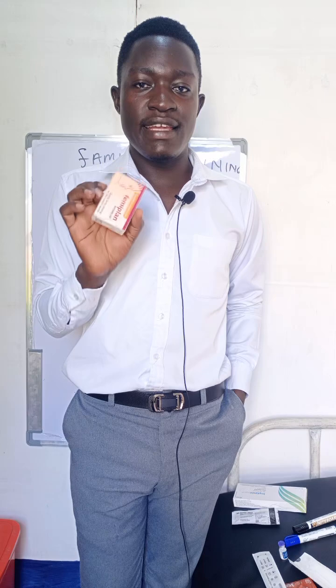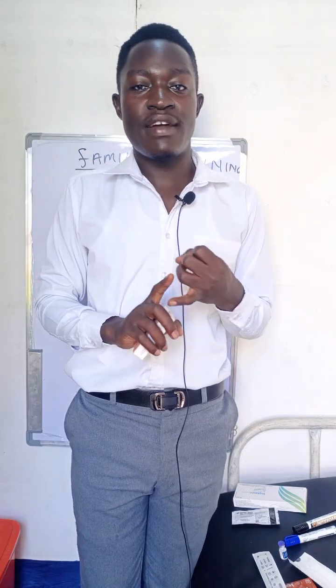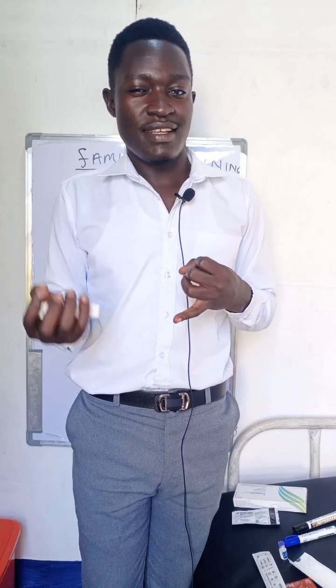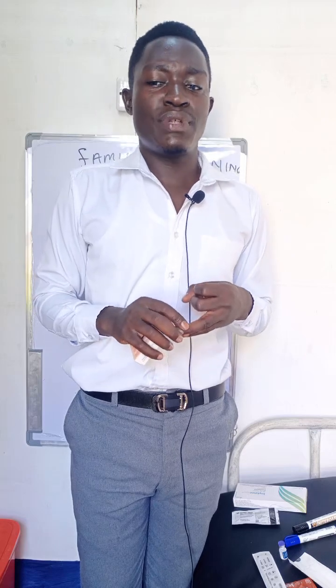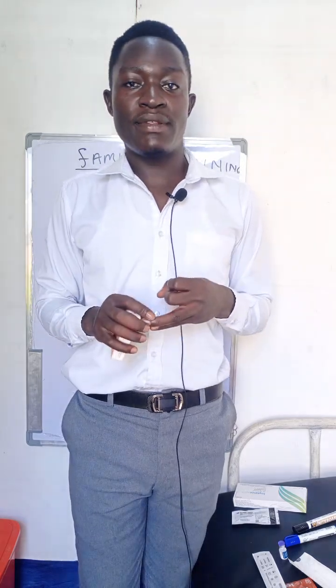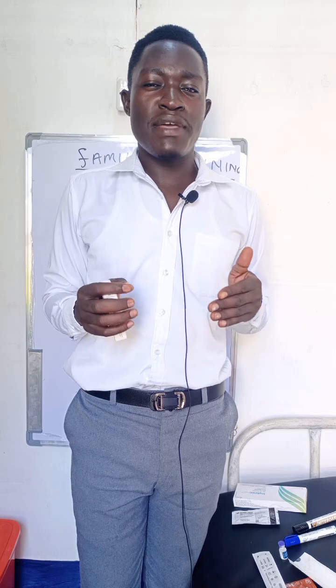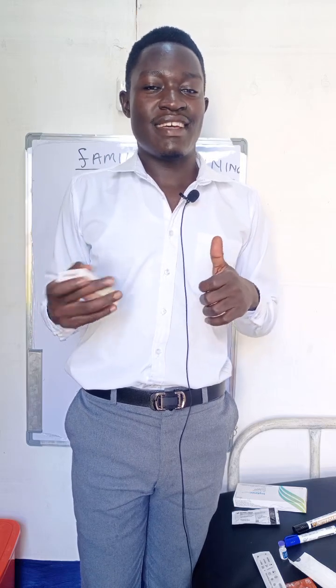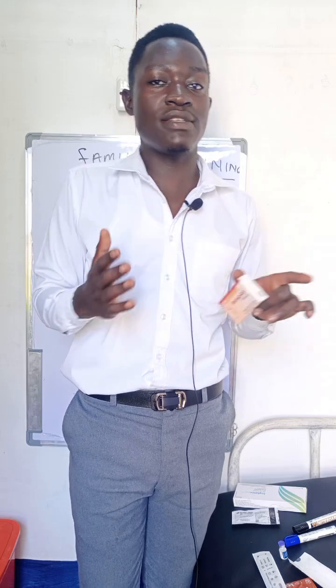So in what circumstances should you use the daily pills? The first one is whereby you have discipline, whereby you can adhere to routinely taking the medication each and every day. Number two is when you do not want a permanent family planning method, whereby you want to get pregnant soon enough. Maybe you have been using another family planning method such as those for 5 years or 3 years, and you're now planning to get pregnant.